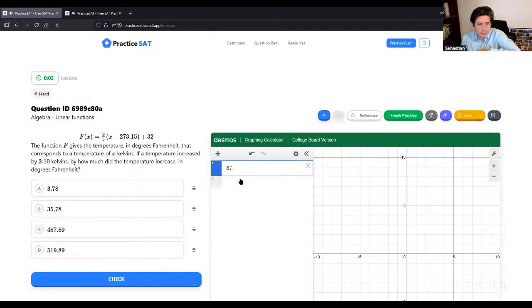The function f gives the temperature in degrees Fahrenheit that corresponds to a temperature of x Kelvin. If a temperature increased by 2.1 kelvins, by how much did the temperature increase in degrees Fahrenheit? Okay, so let's see, degrees Fahrenheit.